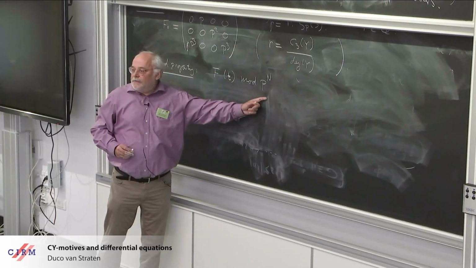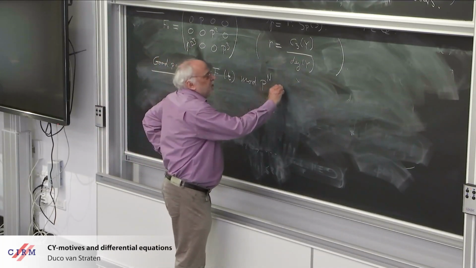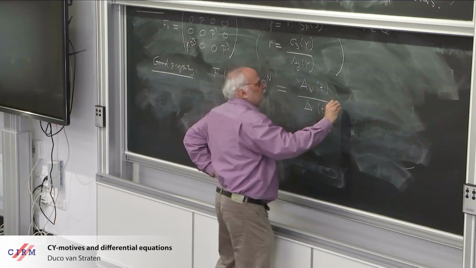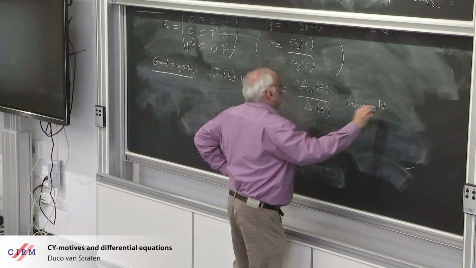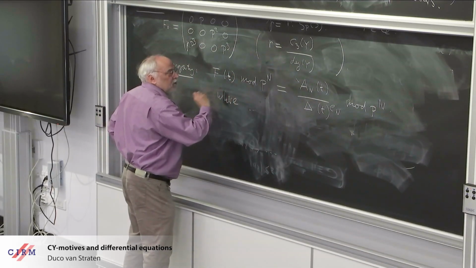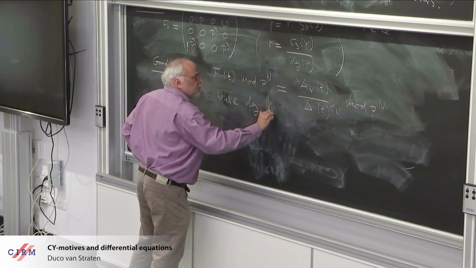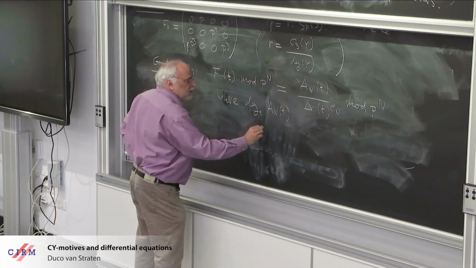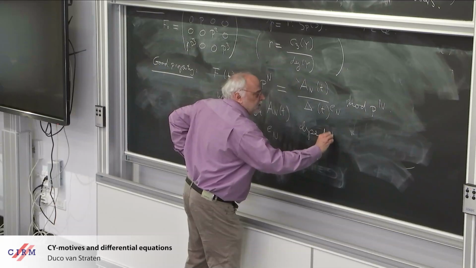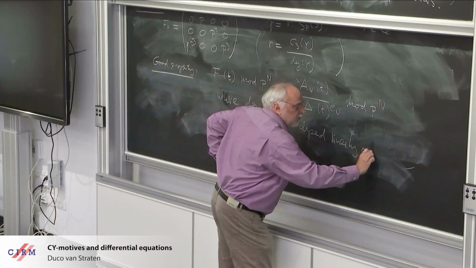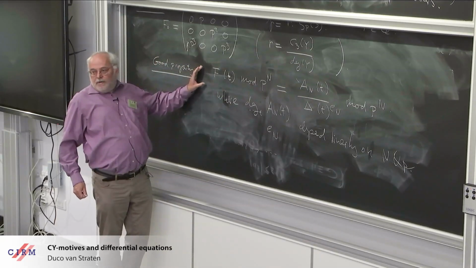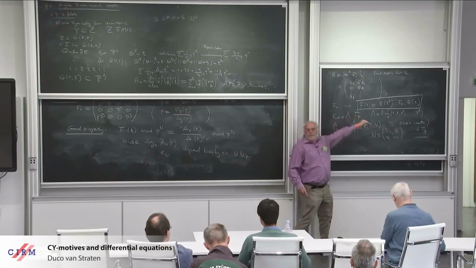But if you compute mod p to the power n, it turns out to be a rational function where the degree in T and E_n depend linearly on n and p.